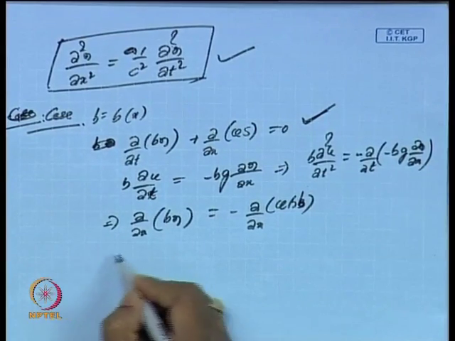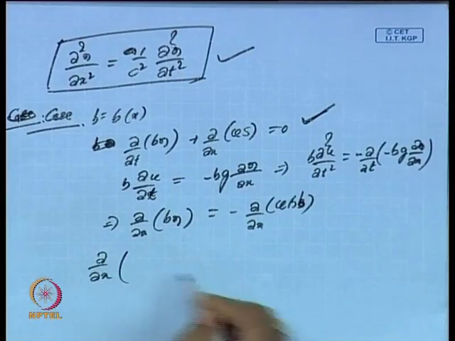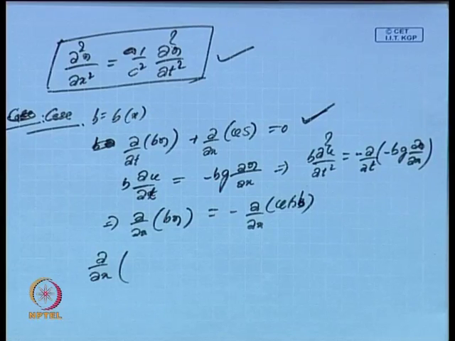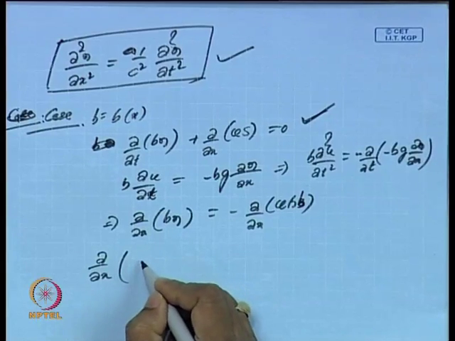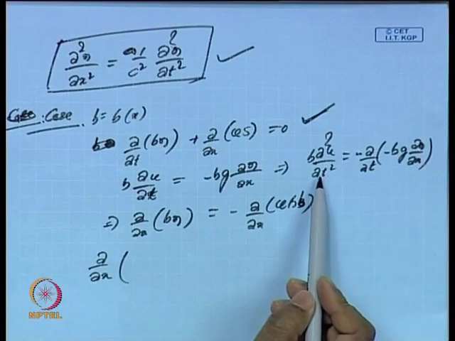So, that means del by del x of minus h g b. So, h is a constant. So, if I take this del by del x of h g b, okay, let us see this. I have b del square u by del t square.